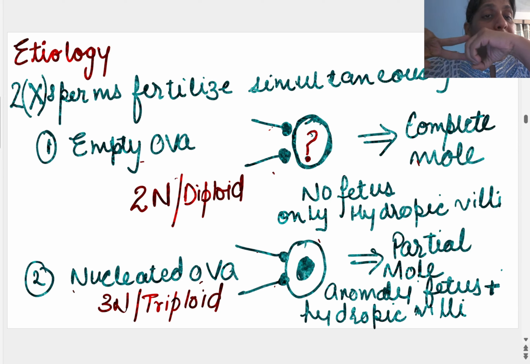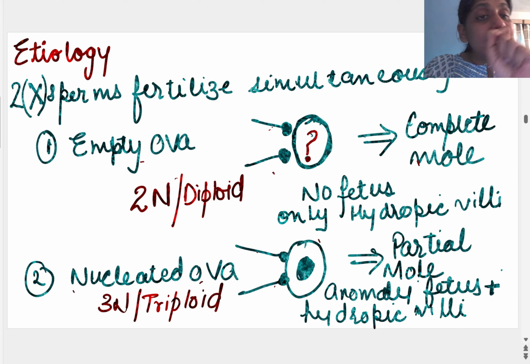There is no nucleus, it is empty inside. When these two sperms fertilize the empty ovum, what is formed is a complete mole. Now why is it known as complete mole? Because here no fetus is formed, because there is no maternal nucleus, no fetus. That is why it is known as complete mole.